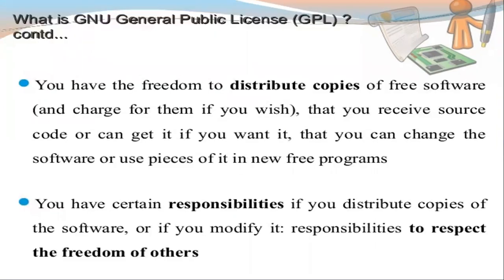In GNU, you also have the freedom to distribute copies. You receive source code and you can change it if you want, and you can even distribute the new program that you create. But you have some responsibilities. That is, you must respect the freedom of other people also.